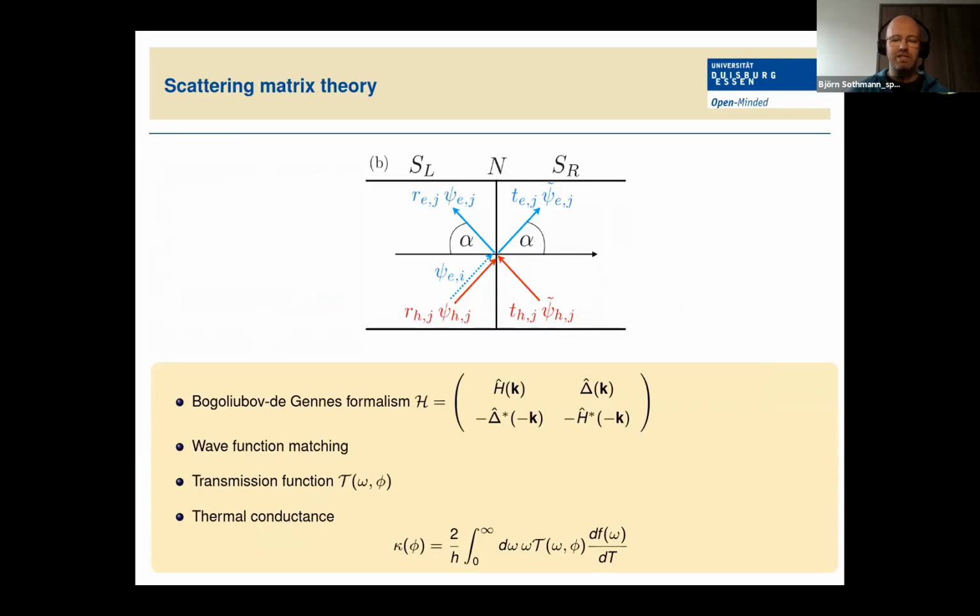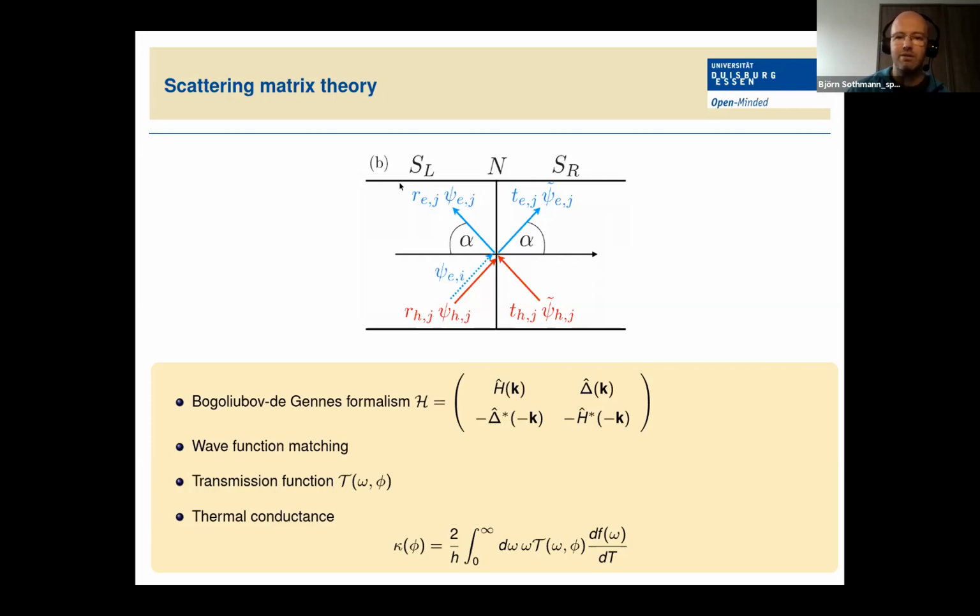So the kind of systems that we will look at in the following are Josephson junctions consisting of two superconductors that are connected by some non-superconducting region in the middle. And we always consider a regime where we can describe our system in terms of non-interacting electrons. So we can use scattering matrix theory to calculate transport properties.